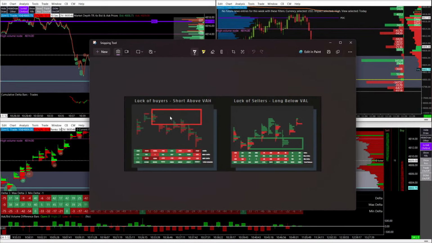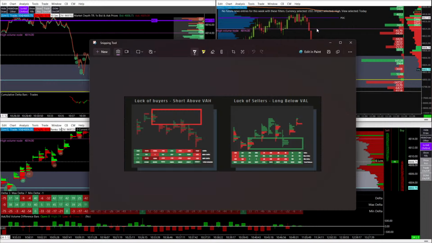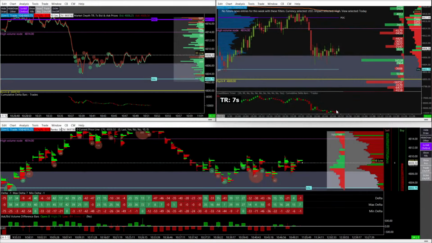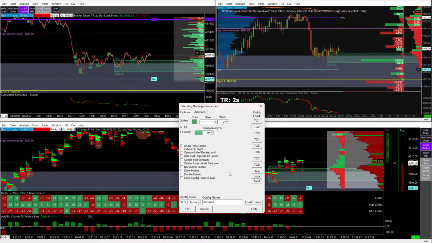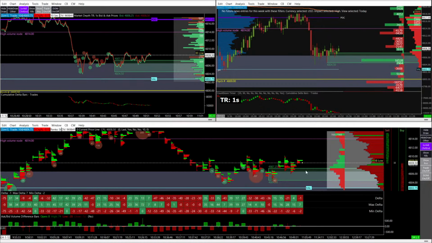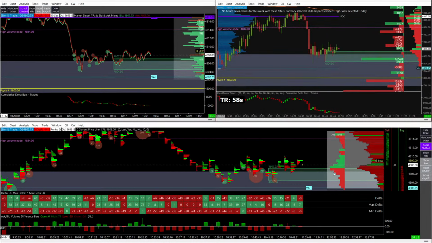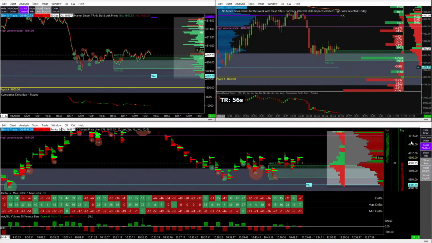So I want to see this type of structure outside of value. And you could definitely go long here. But we never really got the structure I wanted. I mean, we kind of did. Like right here, I guess. But as we're inside value, like I said, inside value, just not interested.